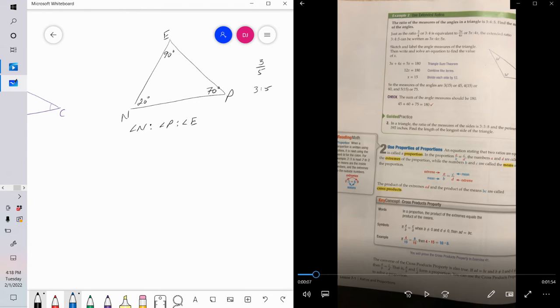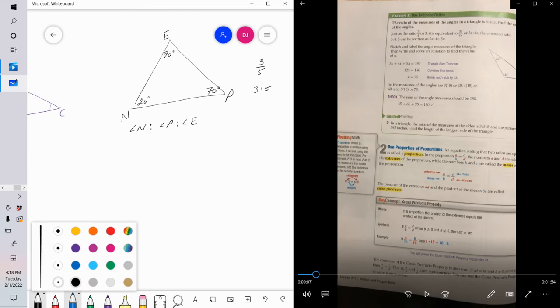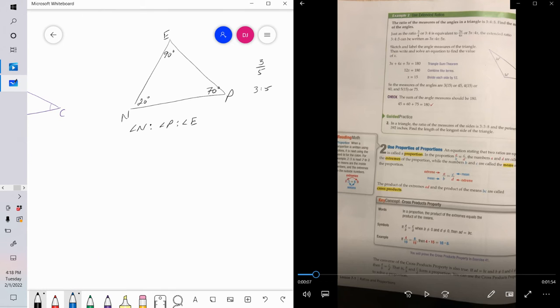We don't normally do that if we've got two values that we're going to compare. When we get to 3, the fraction kind of breaks down and we use the colon. So angle N is 20 degrees, angle P is 70 degrees, and angle E is 90 degrees.